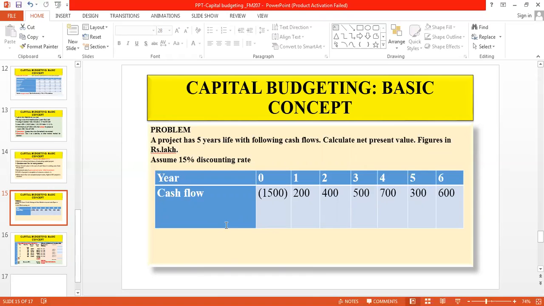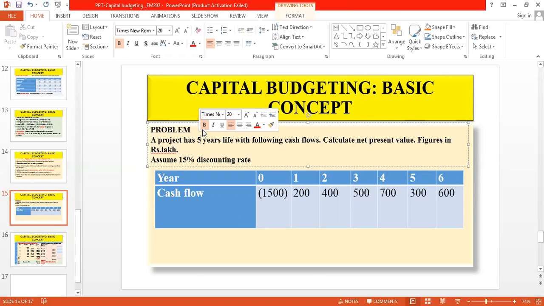Then the life of the project is in this problem 6 years instead of 5 years as per the table. So we are making some correction. Now its life is 6 years. And during these 6 years, your cash inflows are 200, 400, 500, 700, 300, and 600.